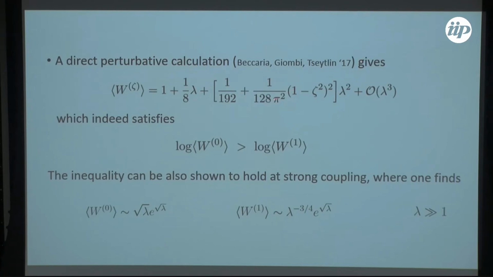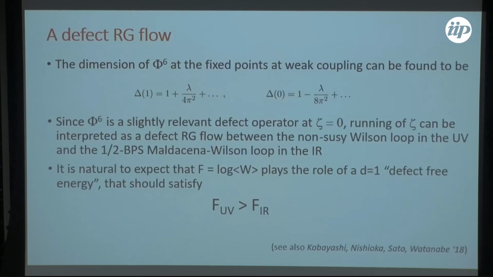But you can check that indeed it's true in this perturbative calculation that the log of the expectation value of the non-supersymmetric Wilson loop is bigger than the log of the expectation value of the half-BPS Wilson loop, which is consistent with the idea that there should be some generalized F theorem that applies for RG flows on defects. This was actually discussed after we did these calculations, in a more general context, in a paper by Nishioka and others for more general defects, not just one-dimensional defects.